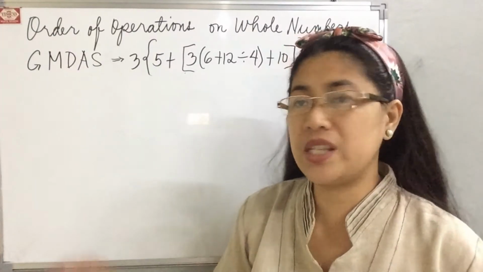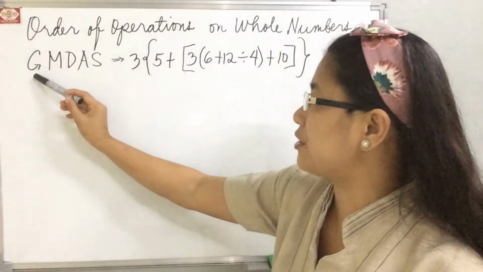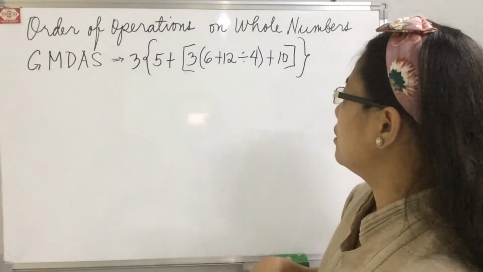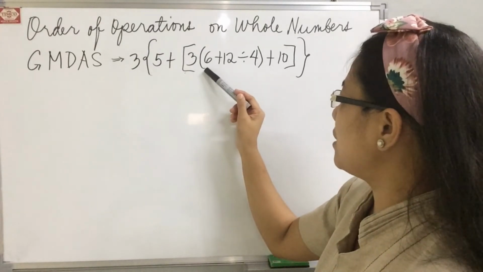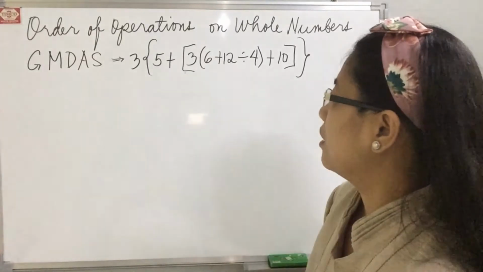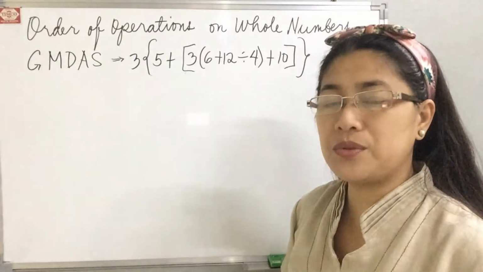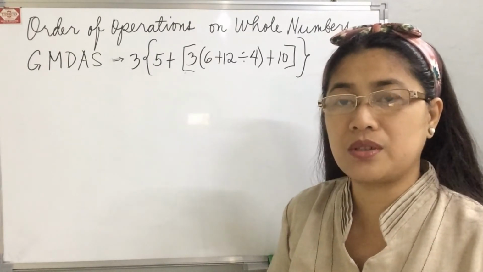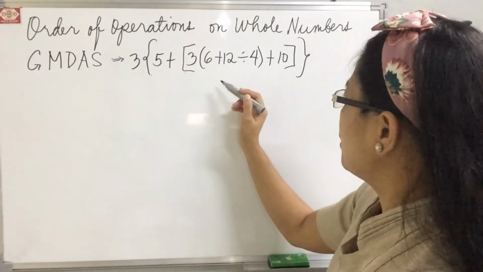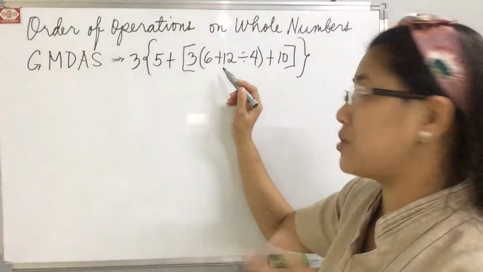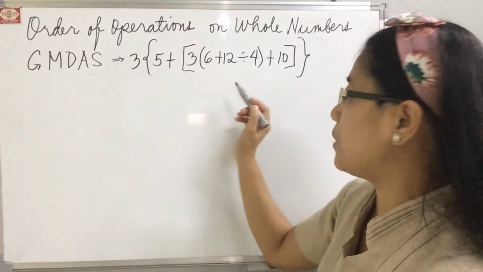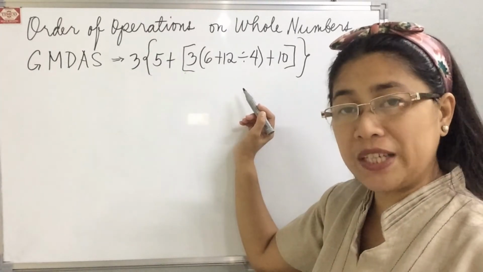Let's now have the GMDAS rule, wherein letter G here stands for groupings. So we have here an equation with the parentheses, the bracket, and the braces. In this equation class, we have to start with the innermost grouping, which is the parenthesis. We have two operations, addition and division. According to our PMDAS rule, we solve first multiplication or division.